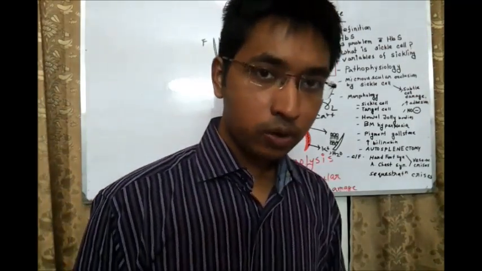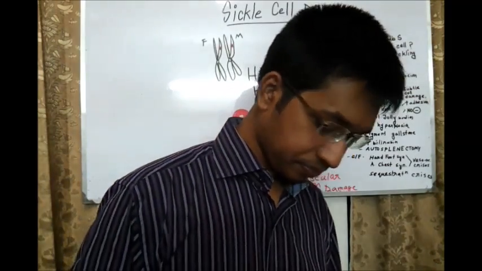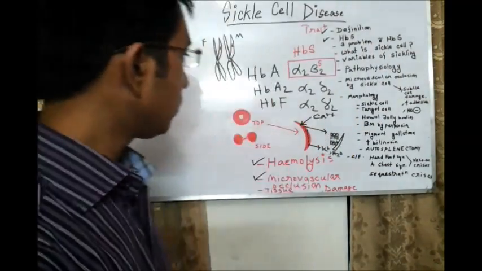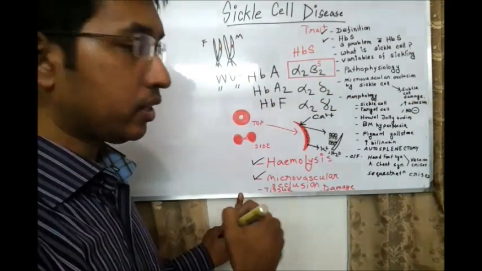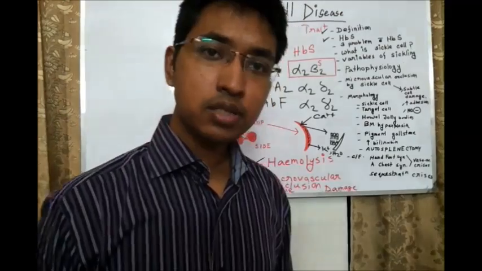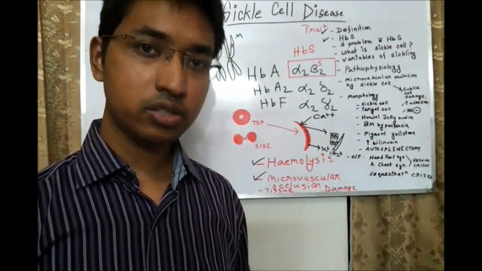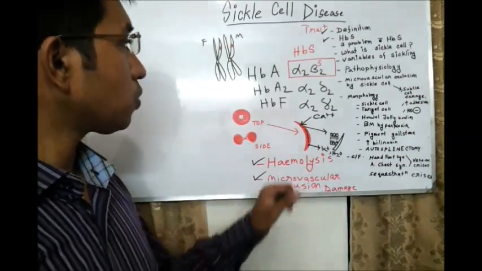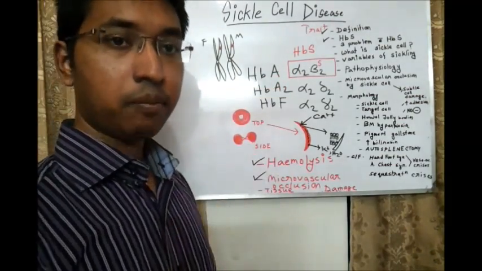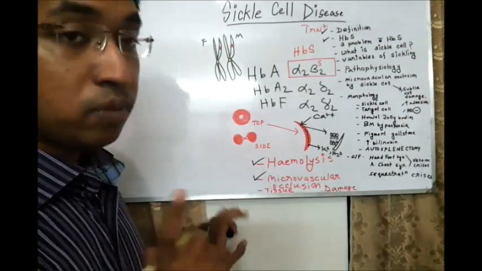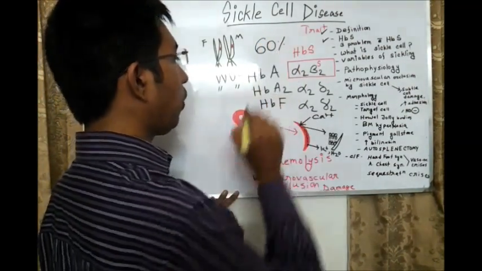Okay, so now let's go back, and one thing I would like to add. We're talking about hemoglobin S, and that is causing the sickling, but does RBC contain only hemoglobin S in a person with sickle cell disease? No. RBC also contains hemoglobin A in less amount. So you have to remember this thing, 60%.